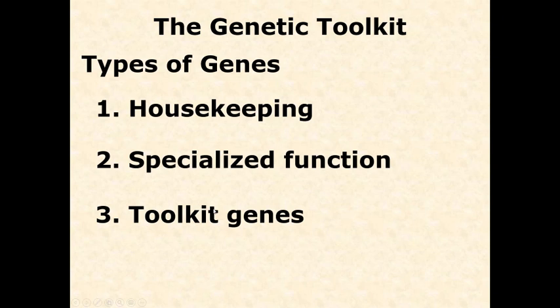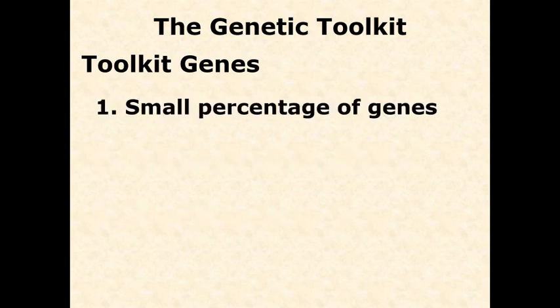Now, as we've done this and as we begin to describe all the toolkit genes, here are some of the things that we have found, general trends among the toolkit genes. Number one, it's actually a relatively small percentage of genes. Usually just a few hundred out of, humans have somewhere in the neighborhood of 26,000 genes that have been described. There may be a few more, but a small percentage of those genes. So maybe as few as 1% of all genes are developmentally important genes.